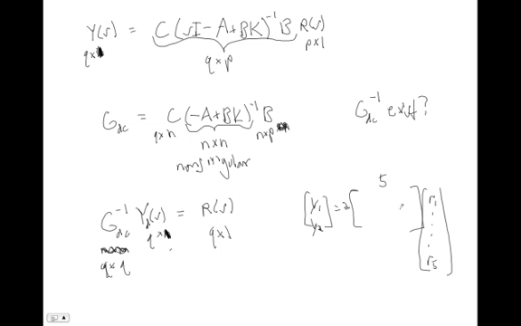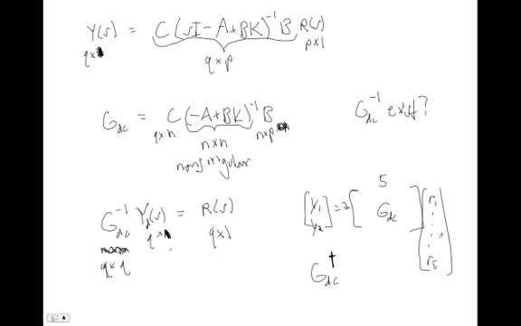In cases like this, there may be some combination of r's to achieve the desired y's, but not a unique combination. There are actually lots of different r's that could achieve the desired y's. If this is my DC gain matrix, this is a case where the pseudo-inverse, sometimes we use a dagger to describe it, will give you one of the possible solutions of r that will let you achieve y.